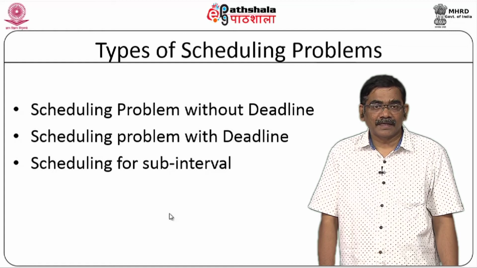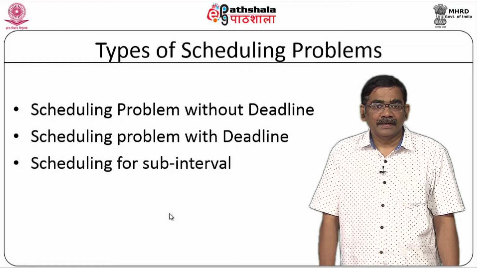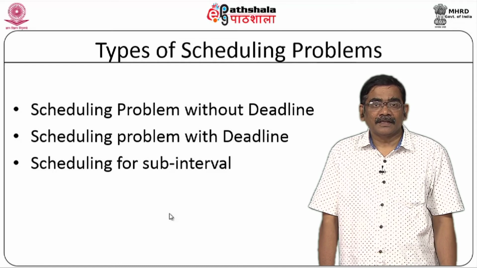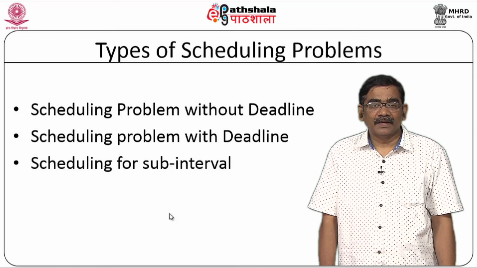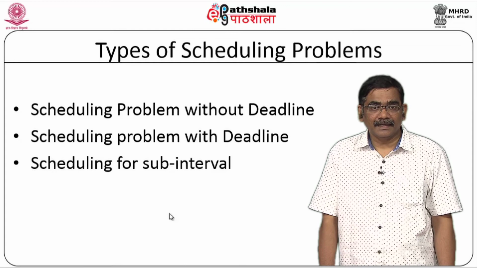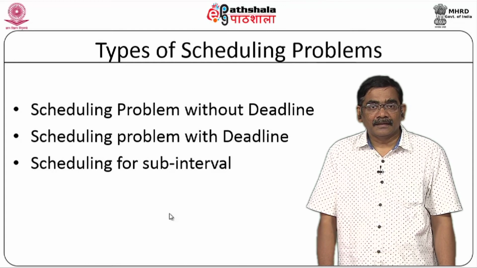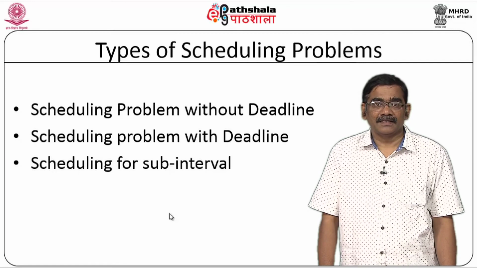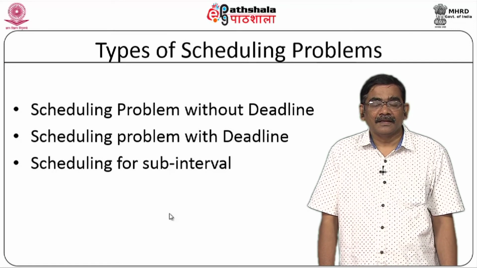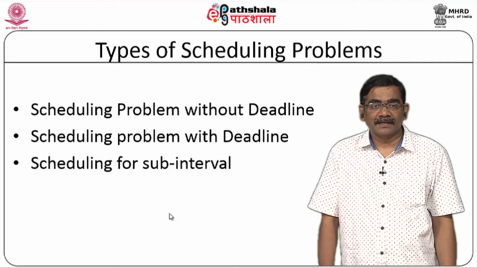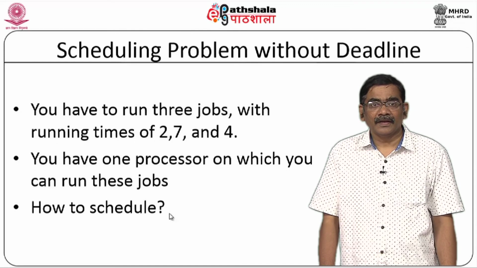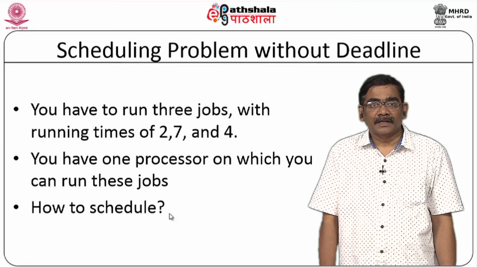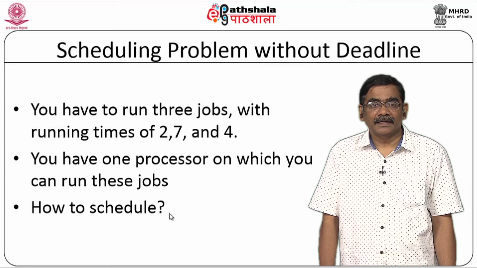Our aim is to get maximum profit. The second type is a scheduling problem where every task has a deadline. The third category is scheduling for sub-intervals, where we have the starting time as well as the finish time of the given task. Fine. First, we will consider the problem of scheduling without any deadline.